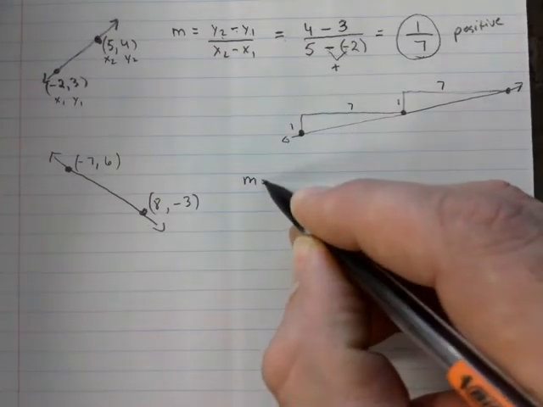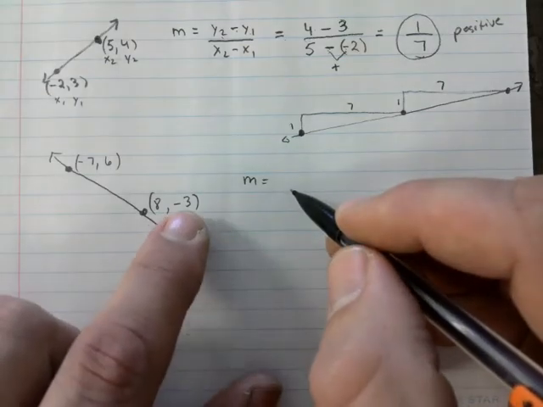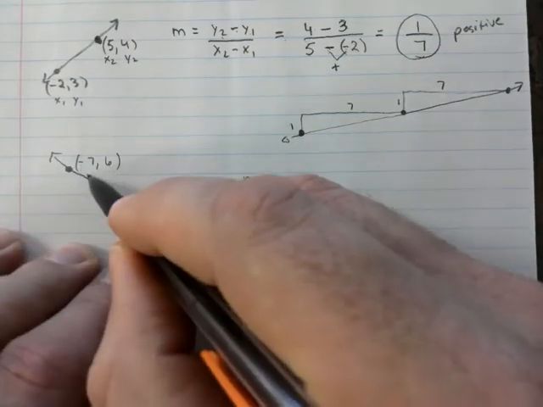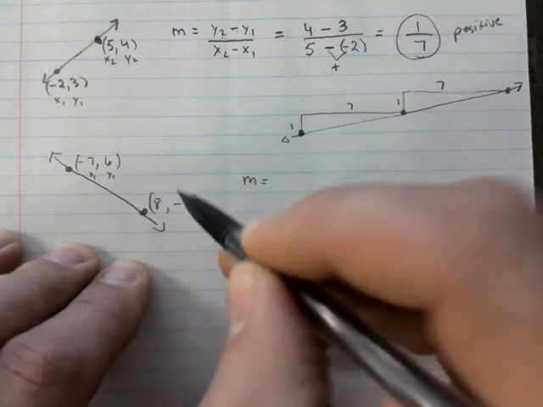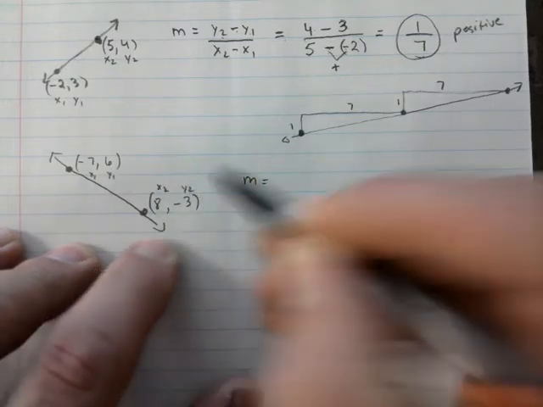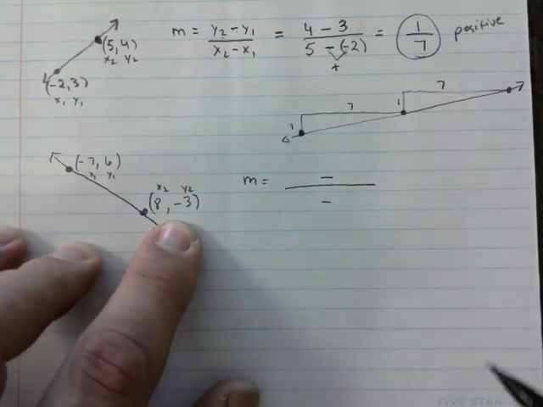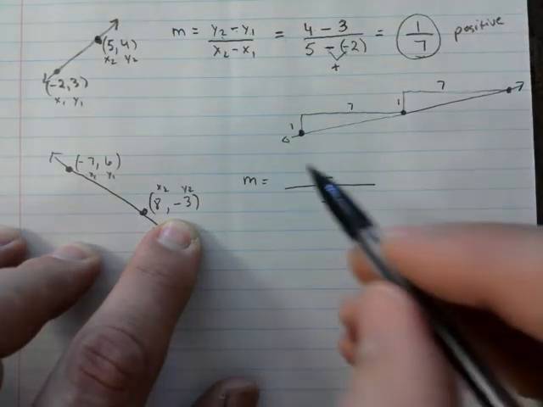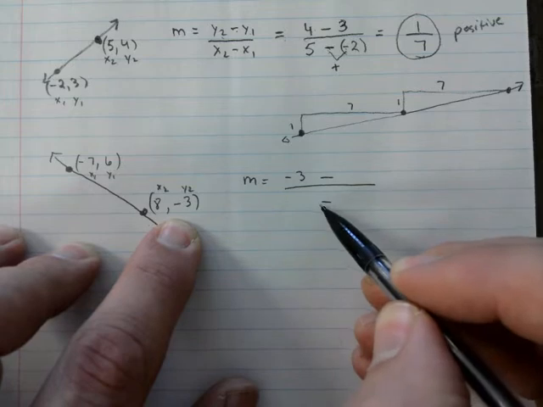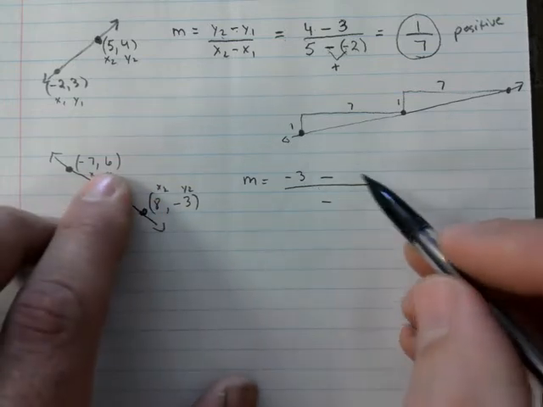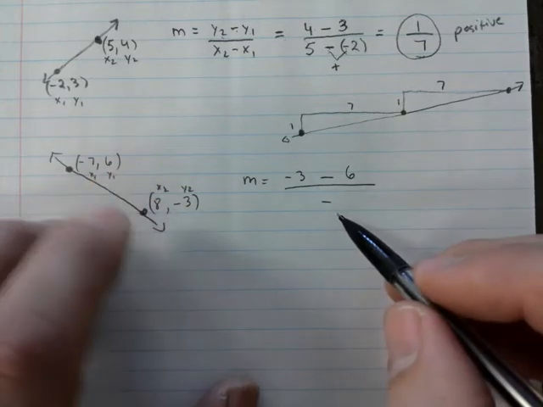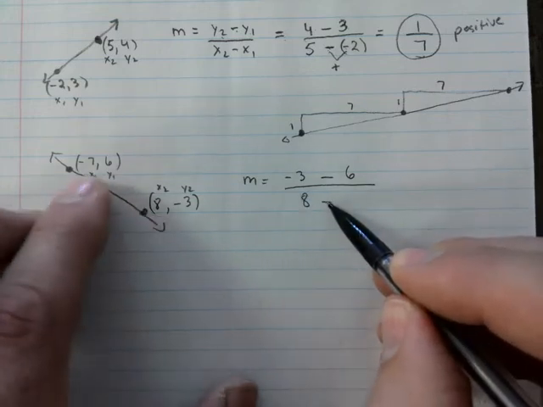So my slope here, without the formula, you may have done x1, y1, x2, y2, right? So you go and put the negatives, the minuses right there. You're going to take the difference, right? So this is -3, right? -6, and then it's 8 minus -7.